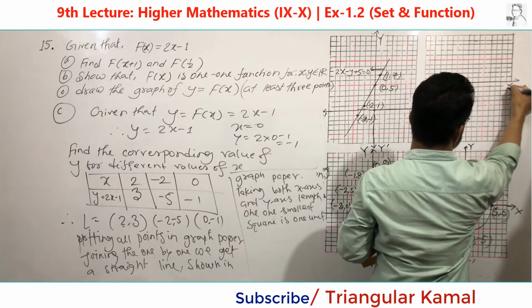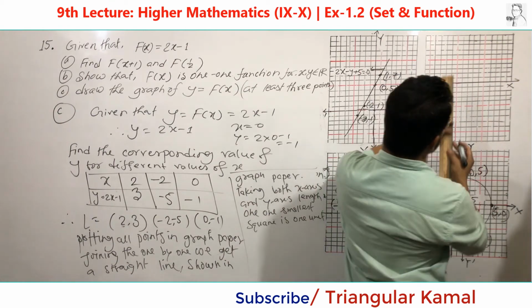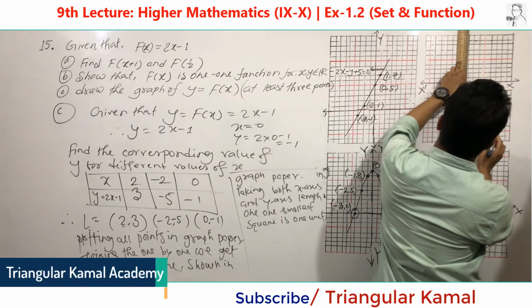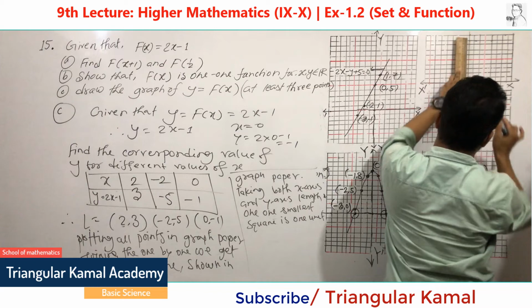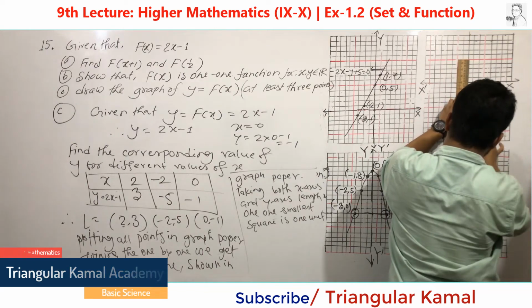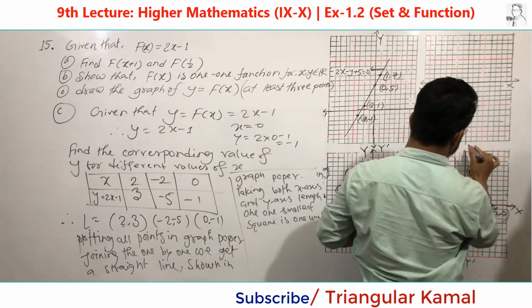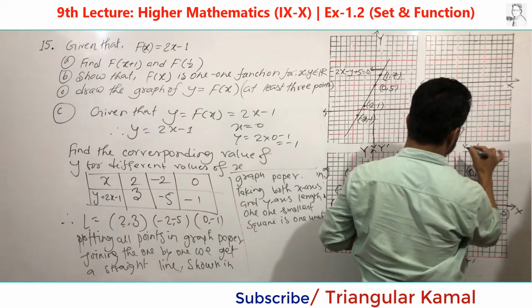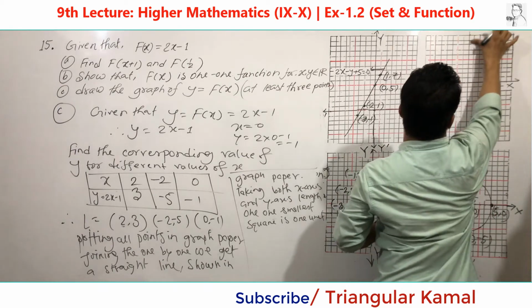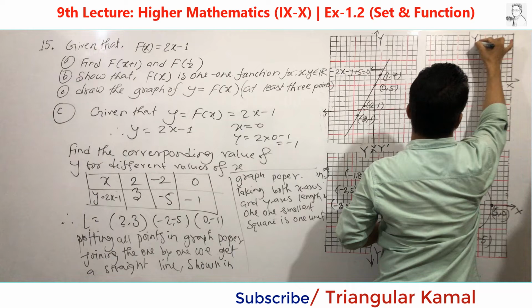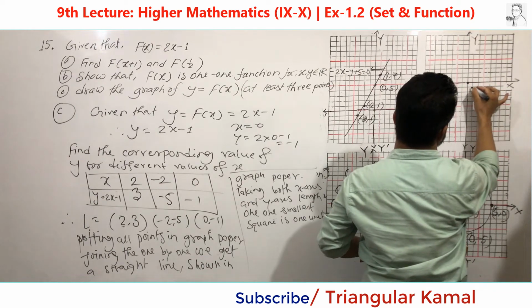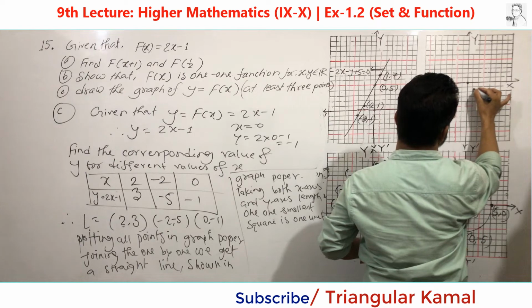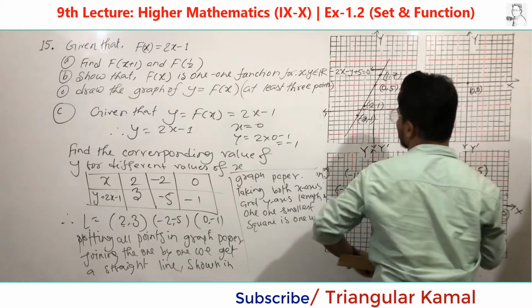This is the positive side of x. Now this is the upper side of the y axis, and below this one will be y prime. The intersecting point of both axes is called the origin, which is indicated by 0 and 0.